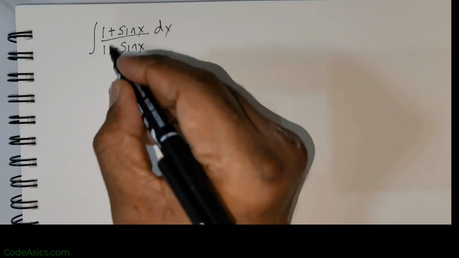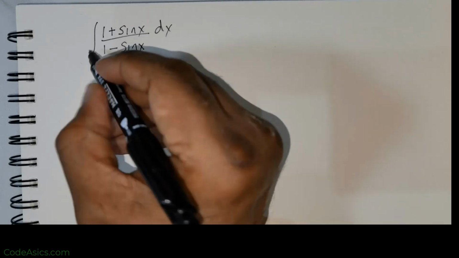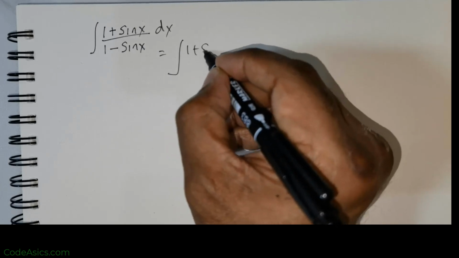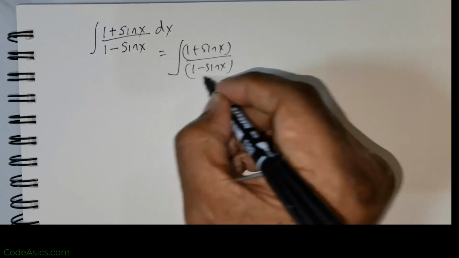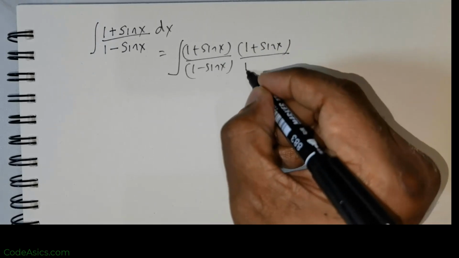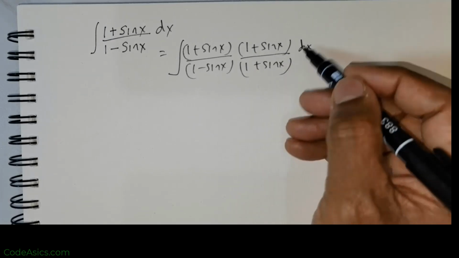How to integrate 1 plus sin x over 1 minus sin x times dx. So first what I wish to do is multiply the numerator and denominator by 1 plus sin x, times, of course, dx is the operator.